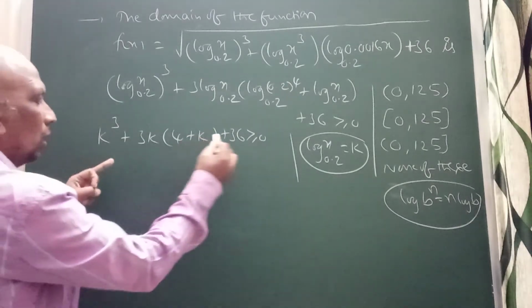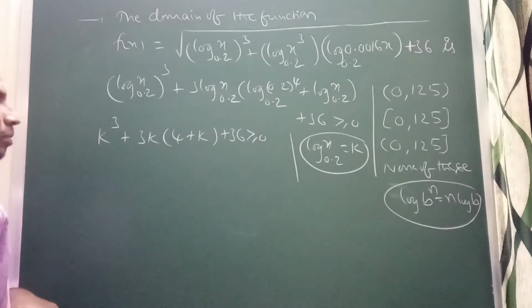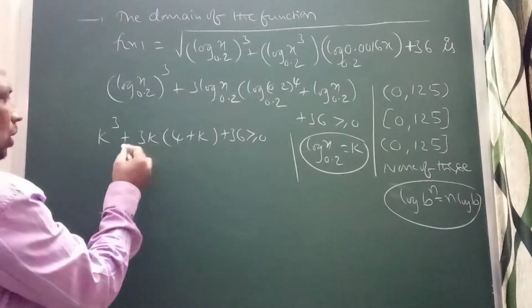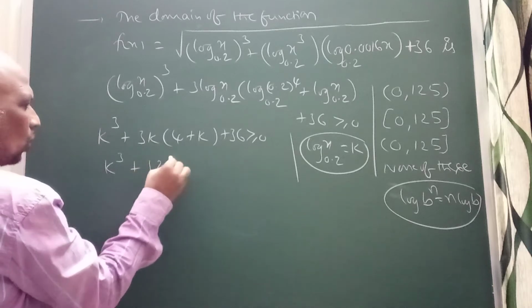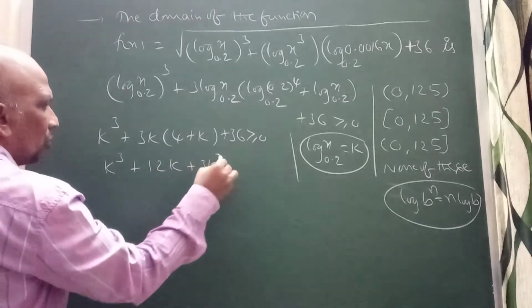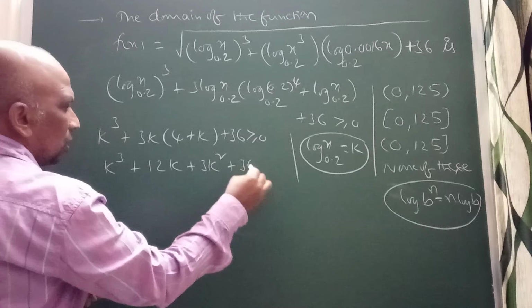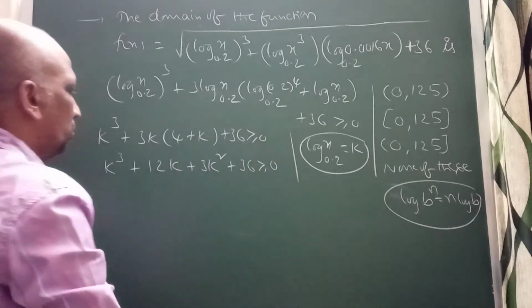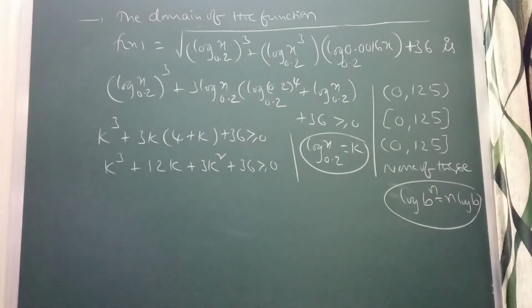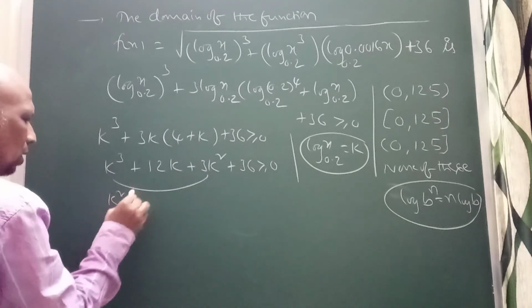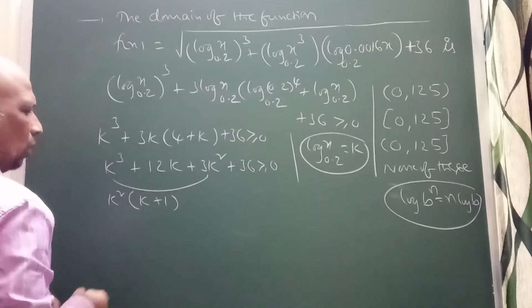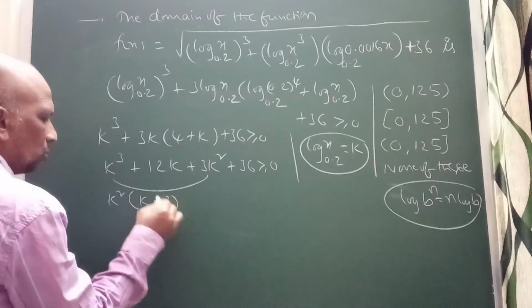Now you can see here, I can simplify this. You will get k cube plus 12k plus 3k square plus 36 greater than or equal to 0. We got like this, right? Now can I take anything common here? From these two, if I take k square common, k square into k plus 3, right?